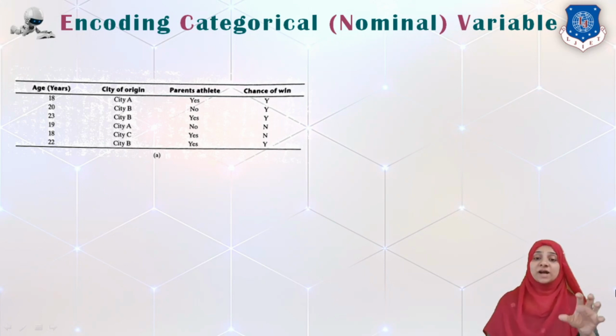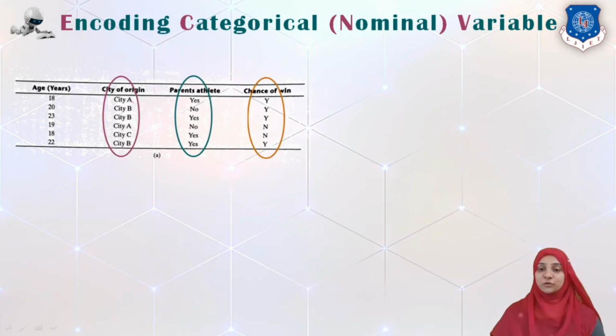We are not going to touch our already numerical attribute, which is the age attribute. As you can see, city of origin has three different values: city A, city B, and city C. So what do we do? We will add three different attributes. Age will be there.